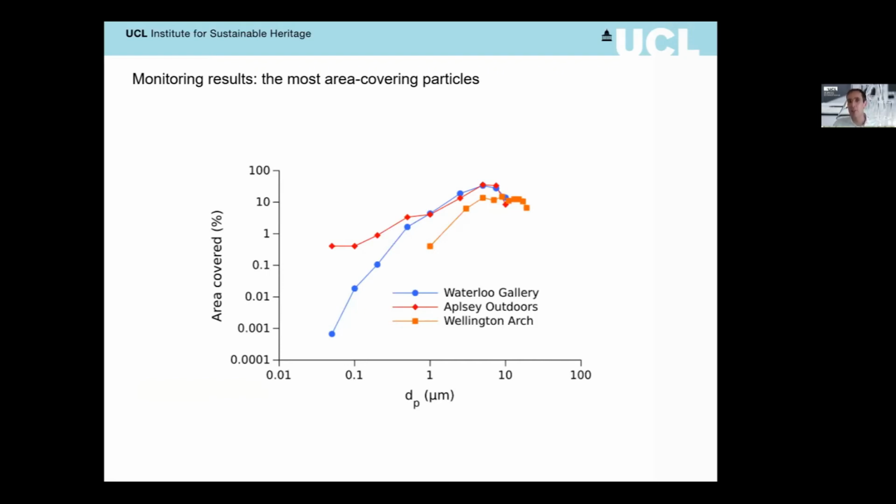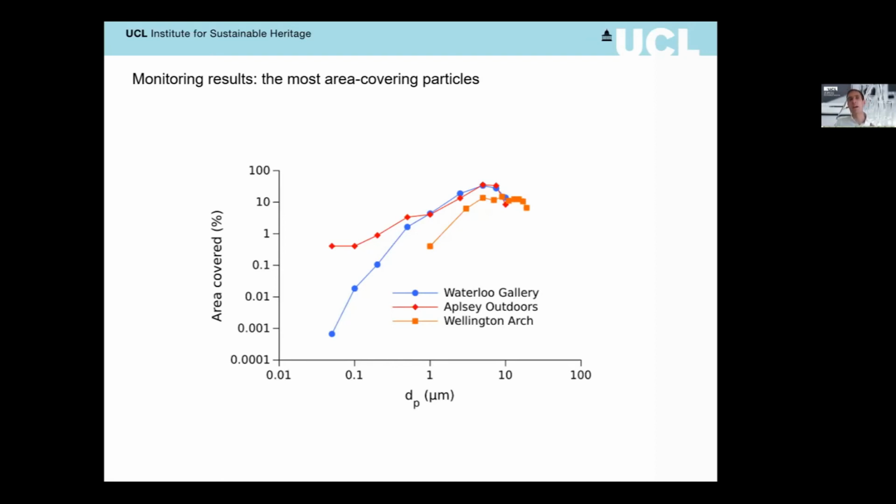Even in Apsley House, even outside of Apsley House, next to the road, where we have some of the highest concentrations of diesel particulate matter, not only in London, but in Europe, I would say, we have a very high concentration. Even there, these particles are so small that they don't contribute much to covering surfaces. They're very numerous, but they're very small. So they don't make the surfaces as dirty as other particles, which is quite interesting.